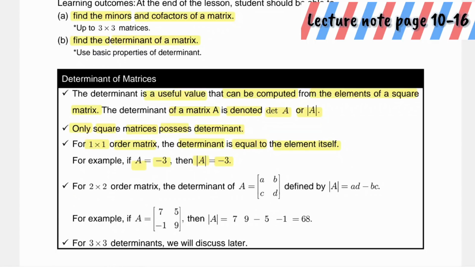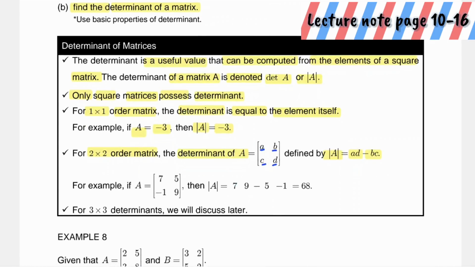For a 2 by 2 order matrix, the determinant of A, which is in the form of a, b, c, d, is defined by determinant of A equals ad minus bc.